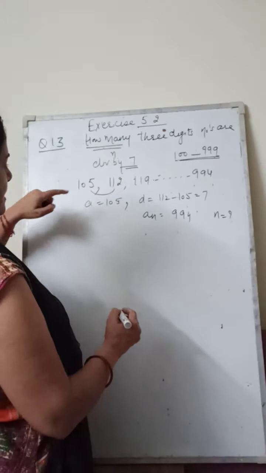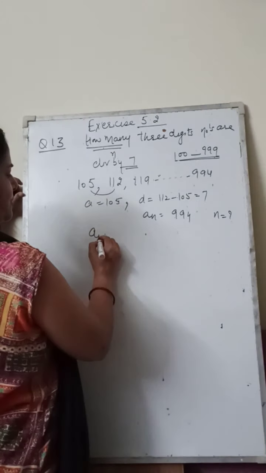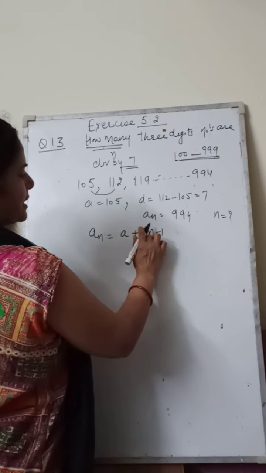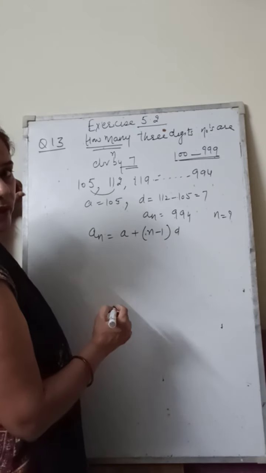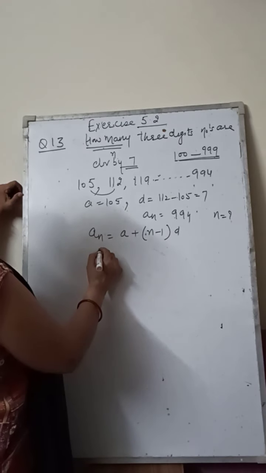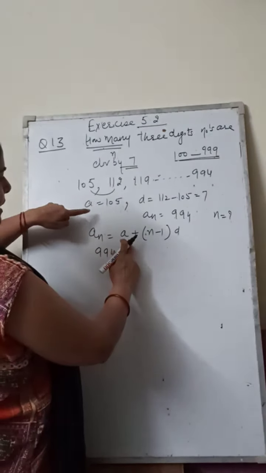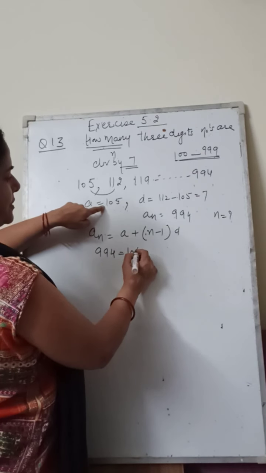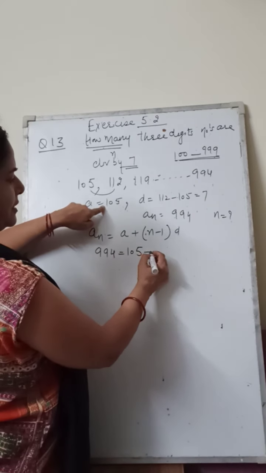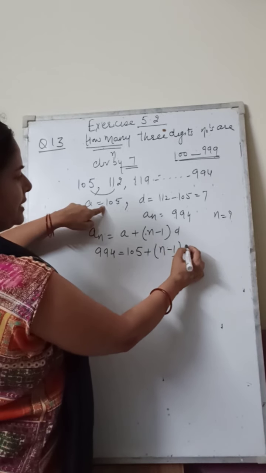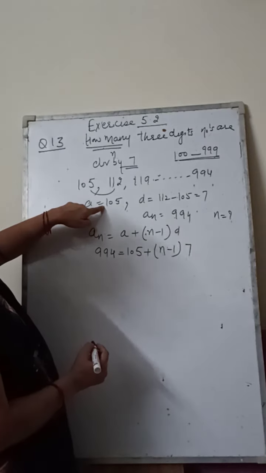Clear? So what formula will you use? a_n is equal to a plus (n minus 1) into d. a_n is 994, a is 105 plus (n minus 1), and d is 7.